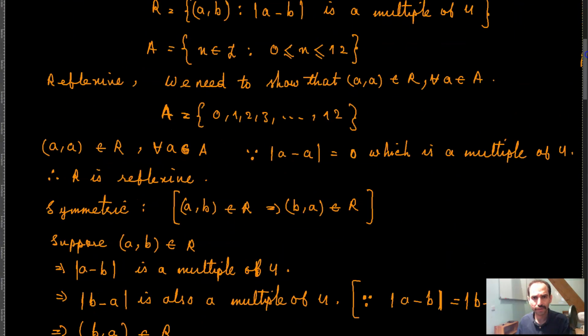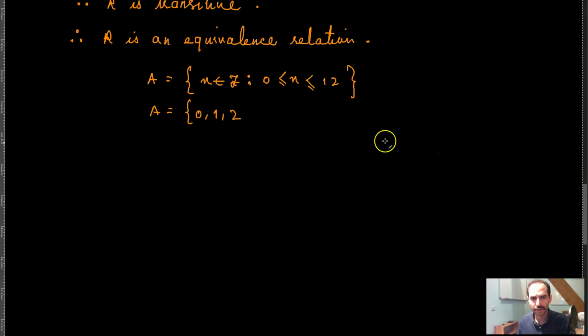The set A is x belonging to the integers such that 0 is less than or equal to x less than or equal to 12. That means that A is 0, 1, 2, 3 all the way up to 12.